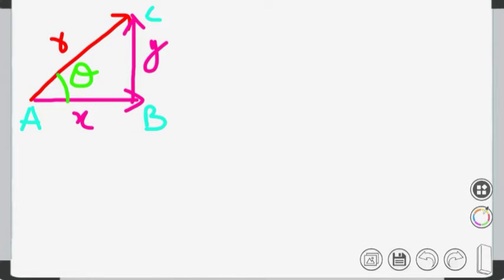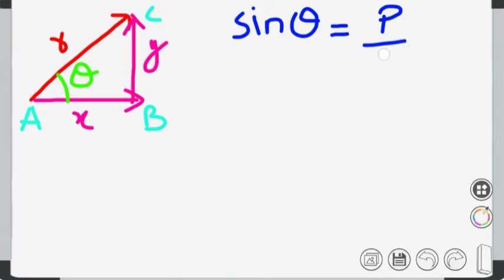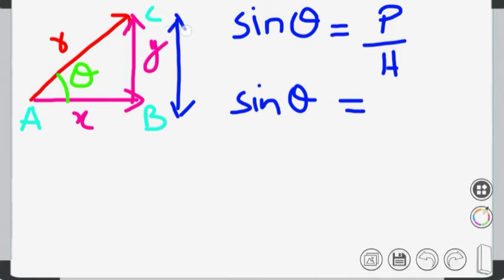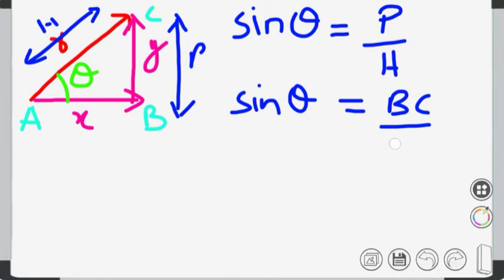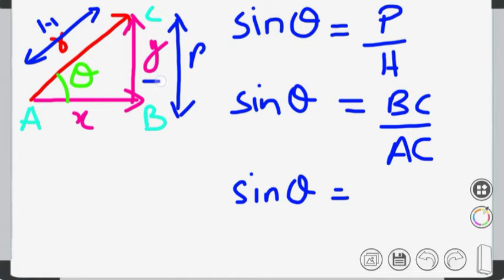So sine theta is equals to perpendicular over hypotenuse, or you can write it as sine theta is equals to perpendicular, that is BC, over hypotenuse, that is AC, which can be further written as y over r.